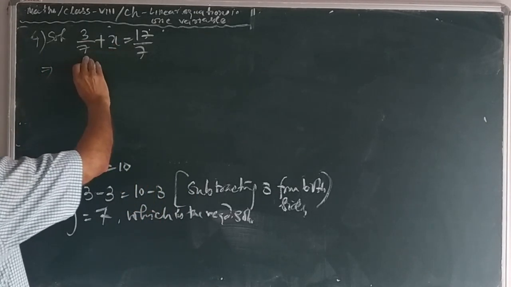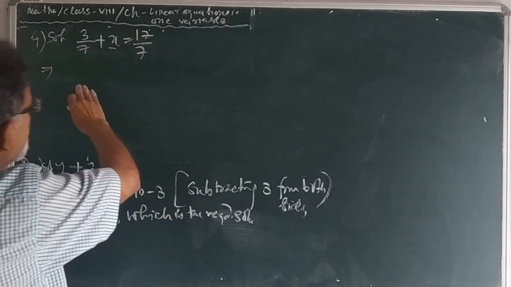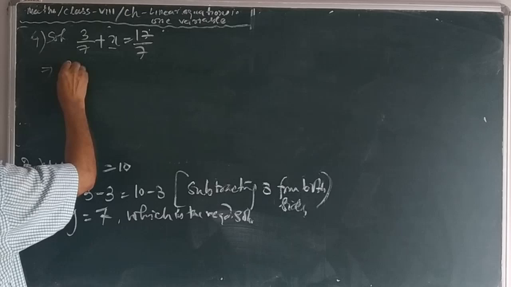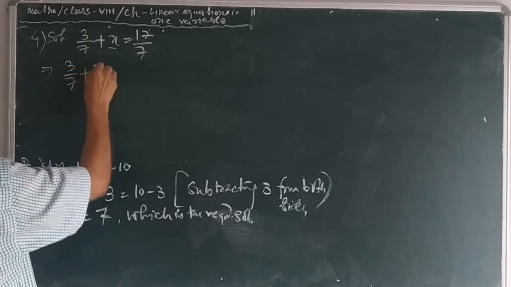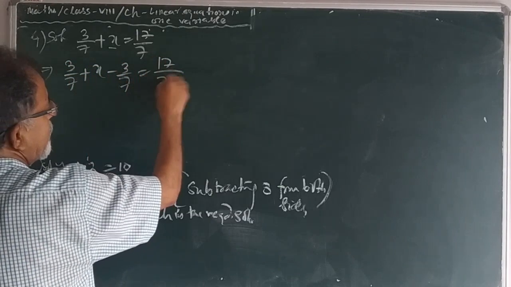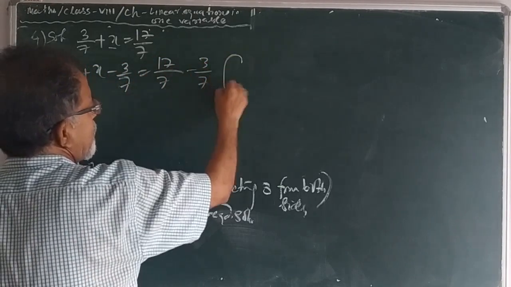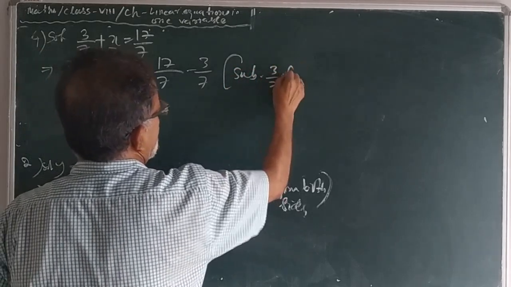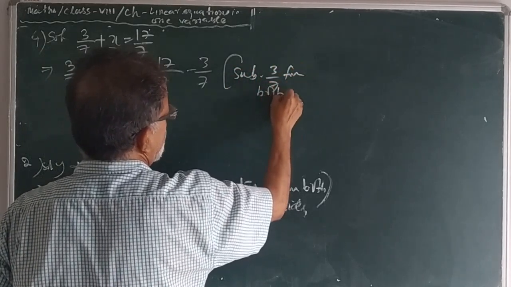That's why this 3 by 7 will be removed by subtracting 3 by 7 on both sides. 3 by 7 plus x minus 3 by 7 equal to 17 by 7 minus 3 by 7.